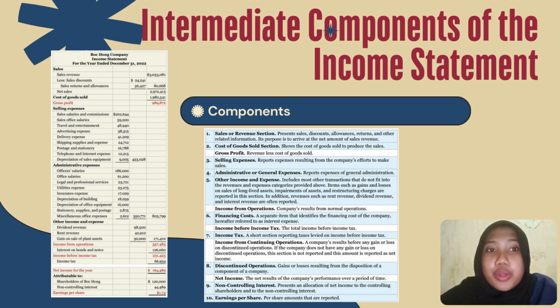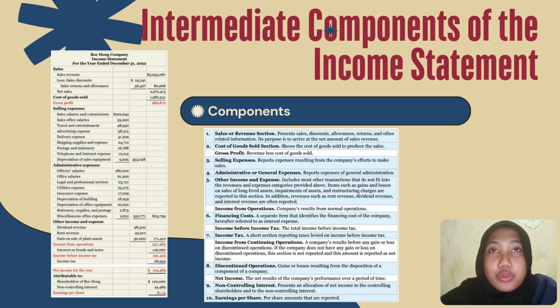After we get that, we subtract it from the gross profit and we get the income from operations. And then the next is sixth, financing cost, a separate item that identifies the financing cost of the company, hereafter referred to as interest expense. Then we subtract it and get the income before tax, the total income before income tax.